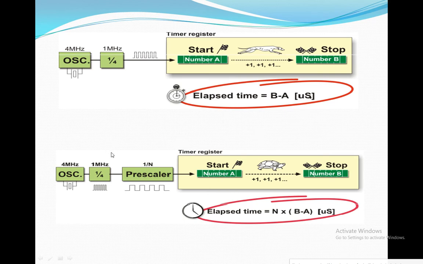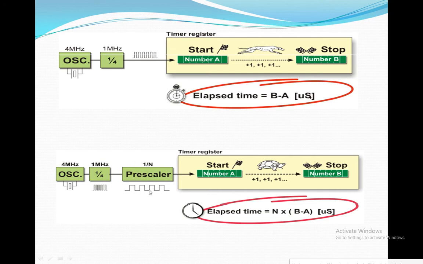If we want to increase the measurement time, or the delay generation time, then we should go for the pre-scaling option. In the PIC microcontroller, there is an option of dividing the oscillator frequency again by some values. These pre-scaling options are 1 to 2, 1 to 4, 1 to 8, 1 to 16, 1 to 32, up to 1 to 256.